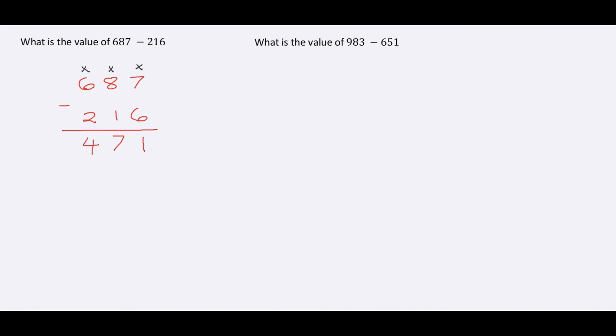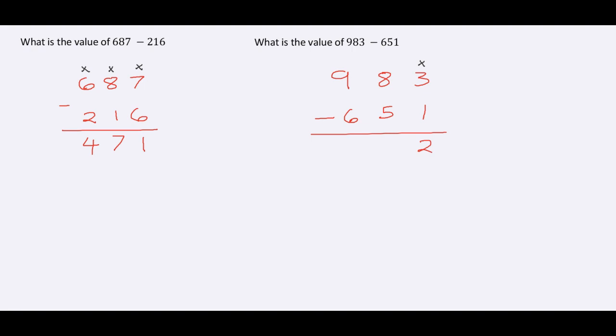Next one, 983 minus 651. So let's write out the numbers, arrange them vertically. 983 minus 651. We will start from the rightmost column, which is here. 3 minus 1, we have 2.